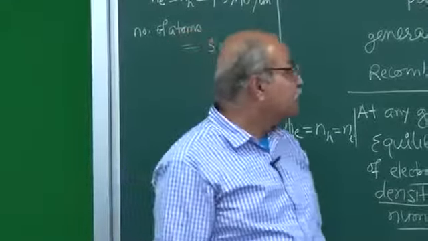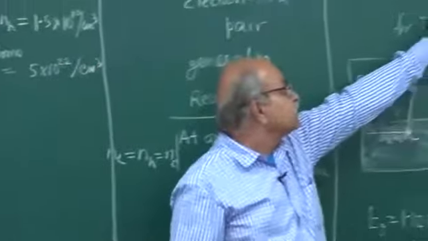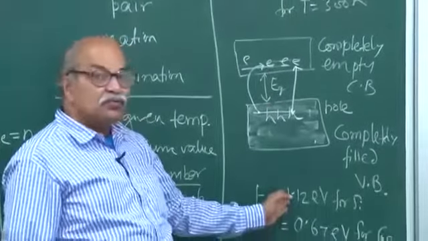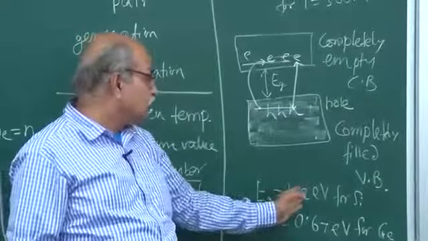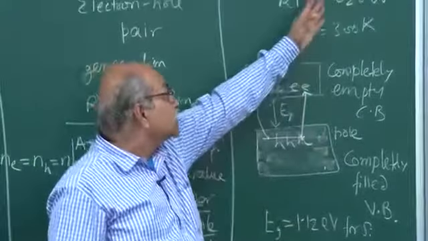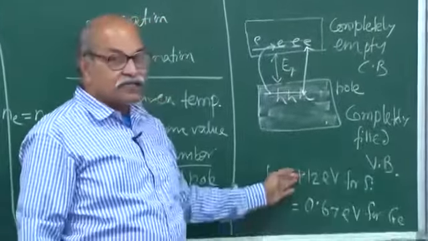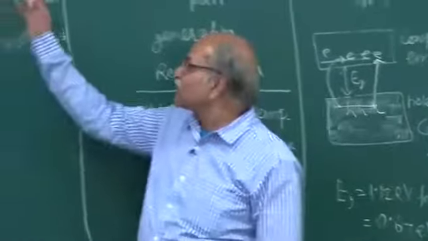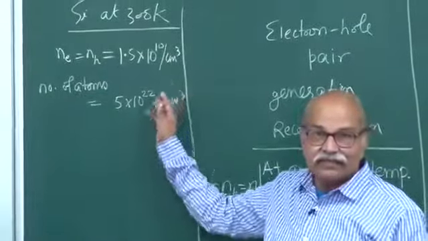And that is reasonable because our kT is 26 milli electron volts and the gap is 1.12 electron volts. So as compared to this it is quite large, and therefore the probability will be small, and hence this fraction you can see like this.